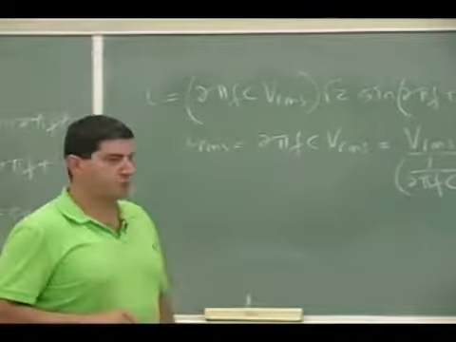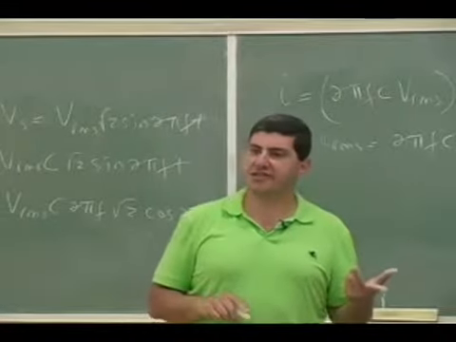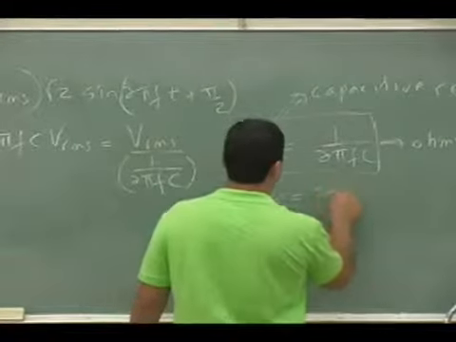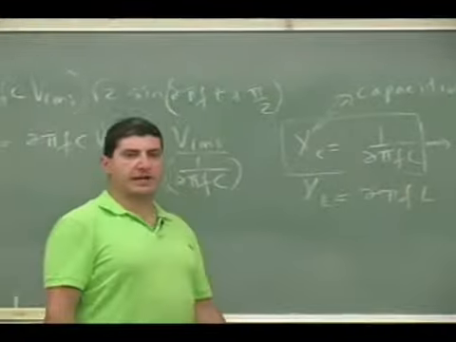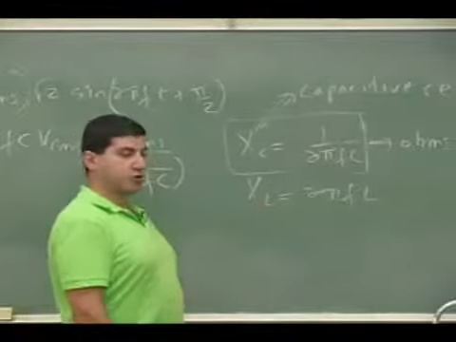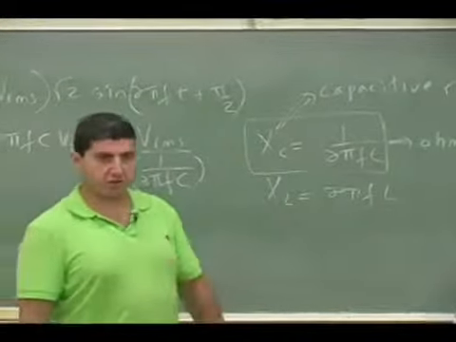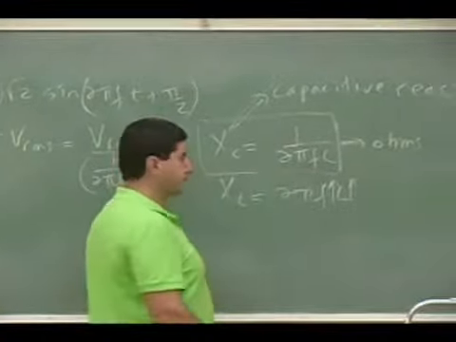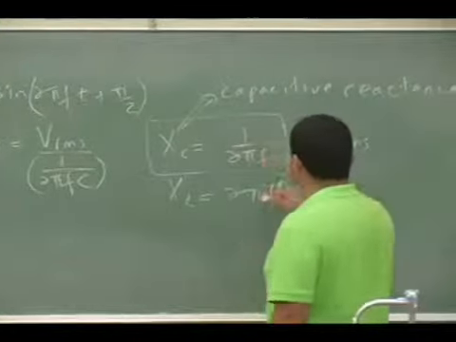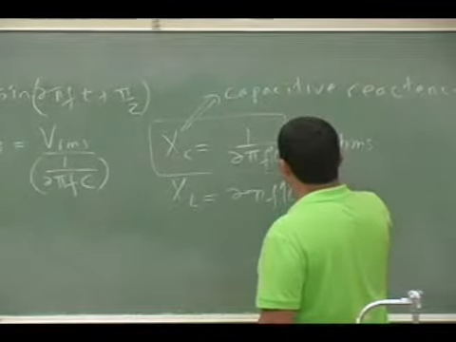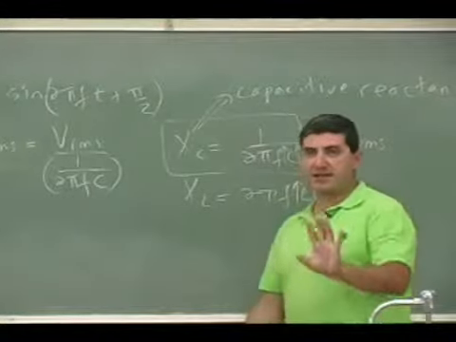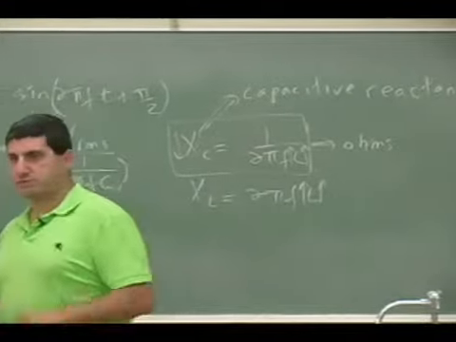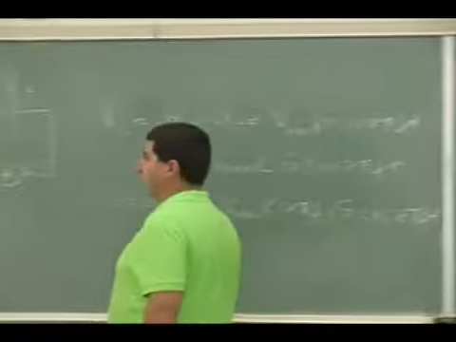So here is a kind of weird thing: the capacitor is exactly opposite to the inductor. The inductive reactance was 2 pi fL. So in order for the inductor to resist the flow of electrons, you've got to have the frequency high, inductance high. For the capacitor, if you have the frequency high and the capacitance high, it actually likes that. The XC is low. So let's go back here and try to understand that again.